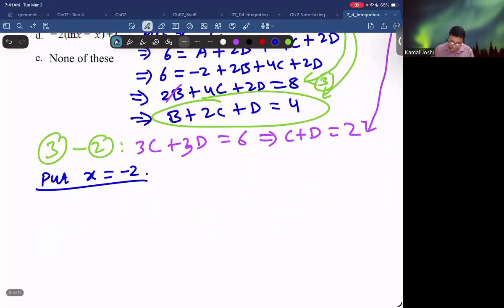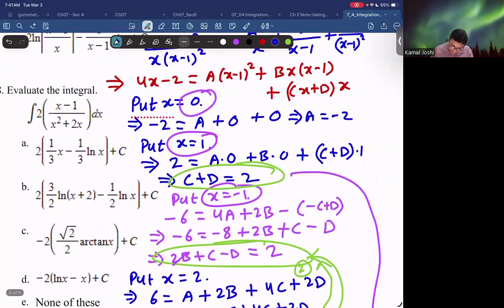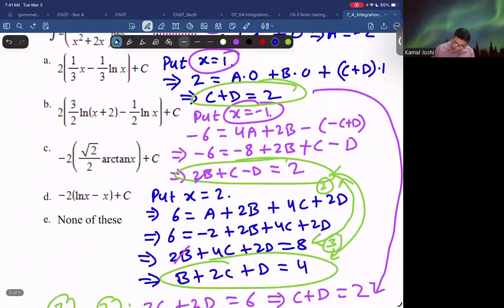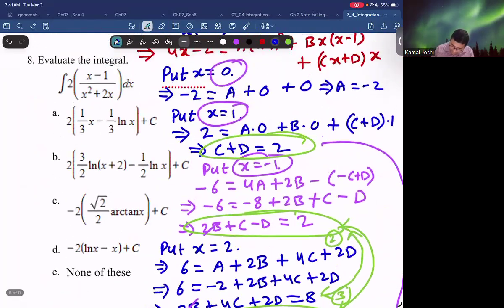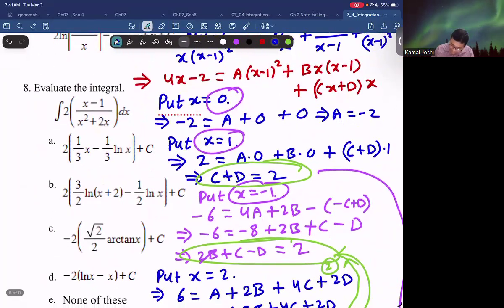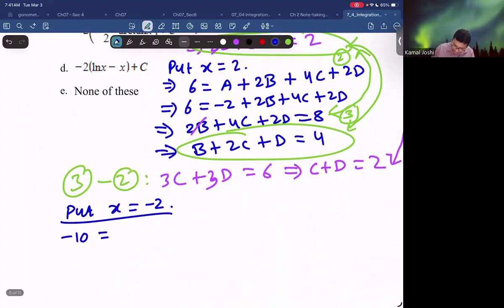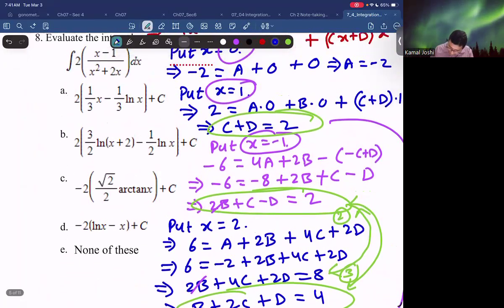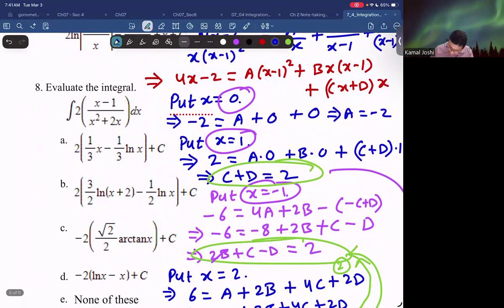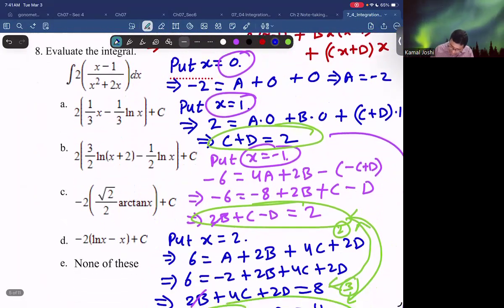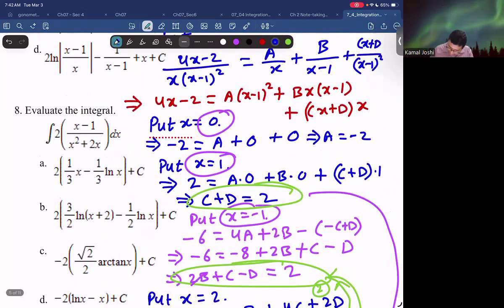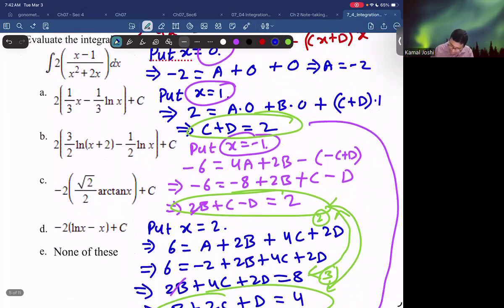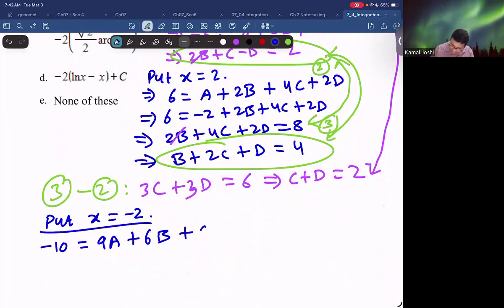So if you plug in x equals minus 2, minus 8 minus 2 will be minus 10 equals minus 2 minus 1 minus 3 whole squared, 9a, and minus 3 times minus 2, 6, plus 6b, and minus 3c... and minus 3 whole cubed, 9c... minus 3d.